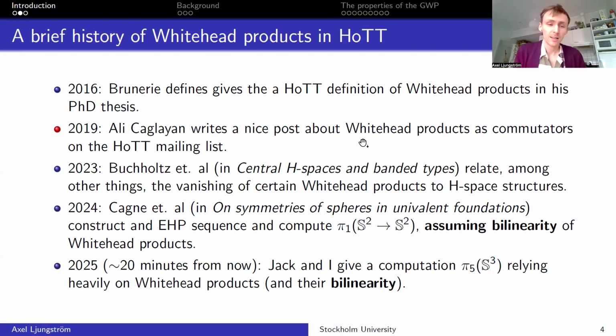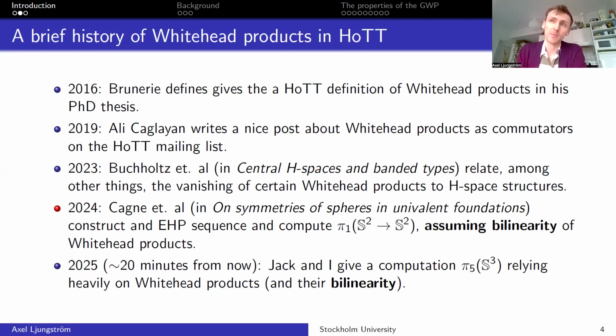But then it got quiet again until 2023, with this paper on central H-spaces and bounded types by Ulrich Buchholtz and company, where they relate the vanishing of certain Whitehead products to H-space structures on certain types.